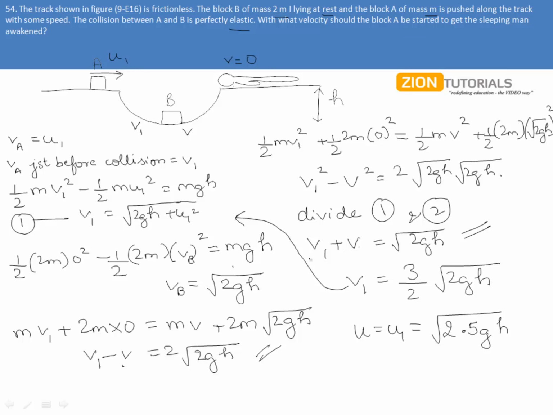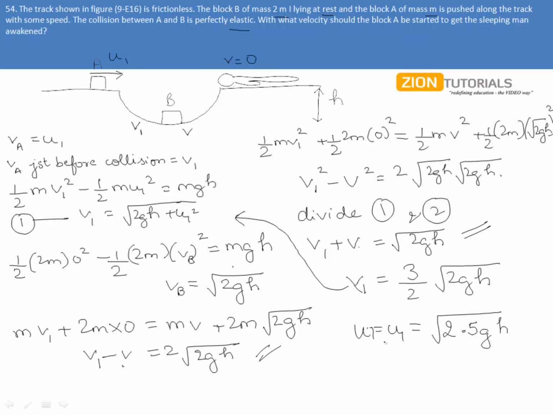Again we found out one more relation between v1 and v in order to get the value of velocity of A before collision, and then we equated both the values to get the initial velocity u. So this is the velocity that must be given in order to have the velocity of B to be 0 here when it hits the man.